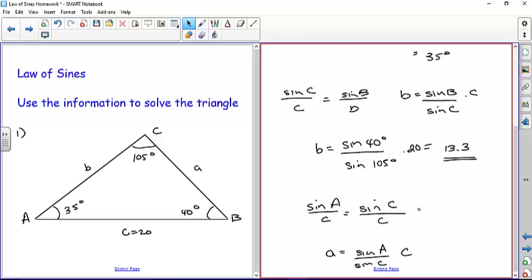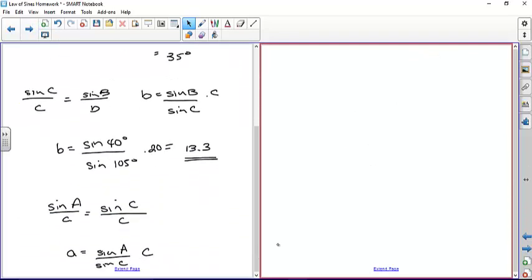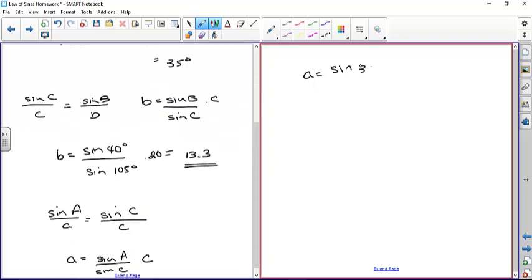Okay, so now we can plug in what we know. So side A is the sine of A, which we figured out was 35 degrees, divided by the sine of 105 degrees, times the length of side C, which is still 20.